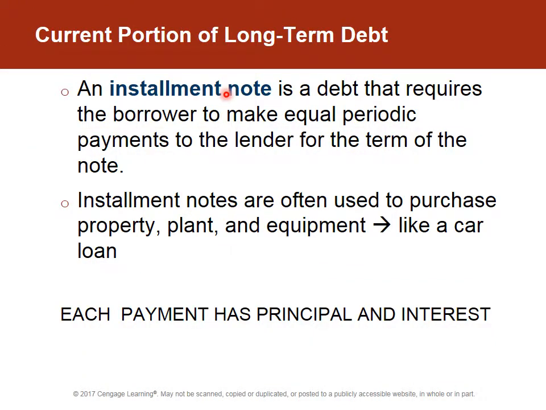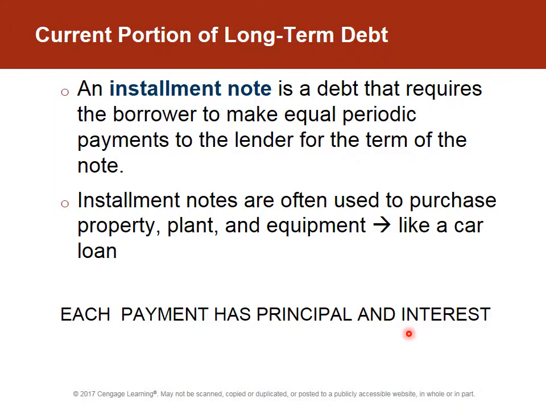An installment note is a debt that requires the borrower to make equal payments. And this is often things like a car loan or a mortgage. And every time an installment loan is paid, part of the payment that's made is to reduce the amount of the loan, and the other part is interest. So that's the hard part about borrowing money, and that is that not only do you have to repay the money that you've borrowed, but you also have to pay interest, and there will be a stated interest rate.